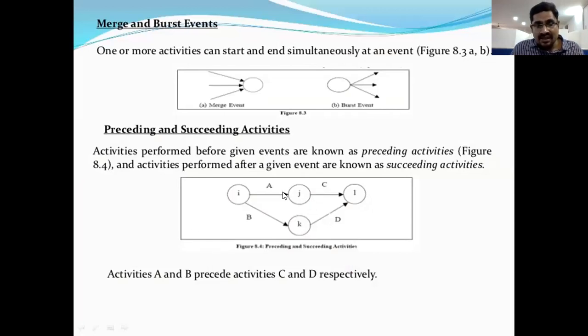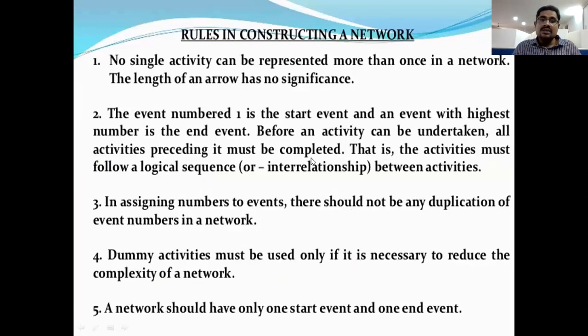And next, suppose this is the preceding activity and the succeeding activity. Take node K, its preceding activity is here I. So this is the preceding activity and this is the succeeding activity, right? Now coming to the rules in constructing network diagrams.